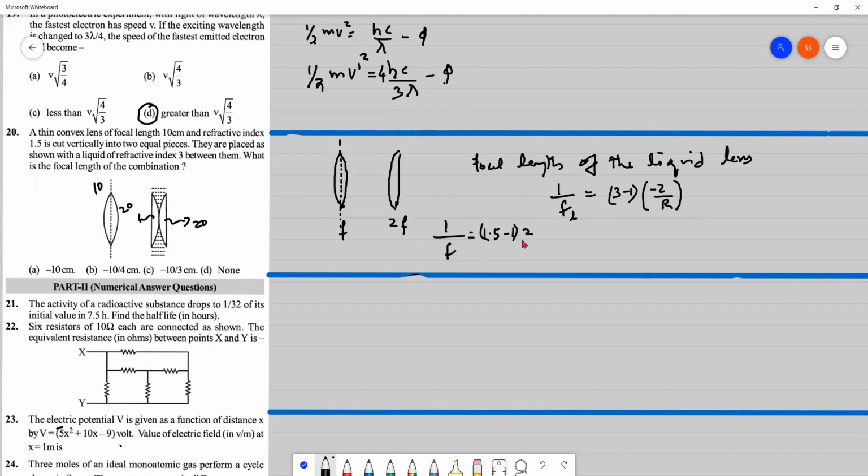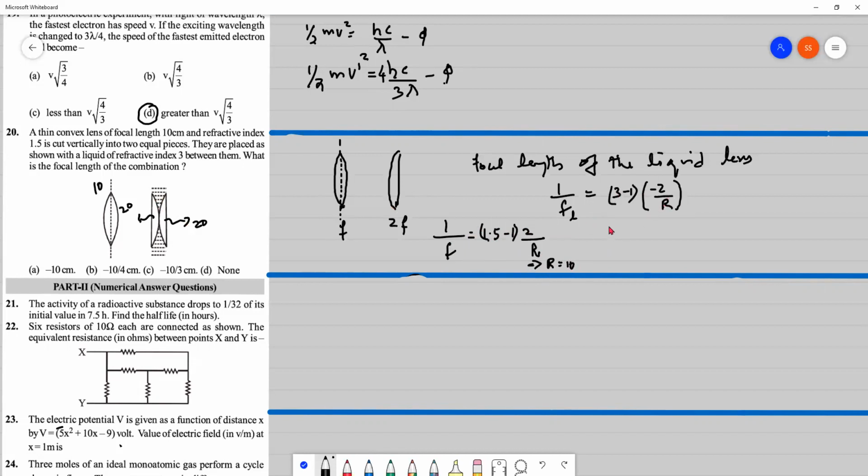It is 2 by R because this is an equiconvex lens and the liquid lens is an equiconcave lens. The focal length of this lens is 10, and 1.5 minus 1 is 0.5, into 2 is 1. So R is equal to 10 from here. You can substitute R is equal to 10 here.